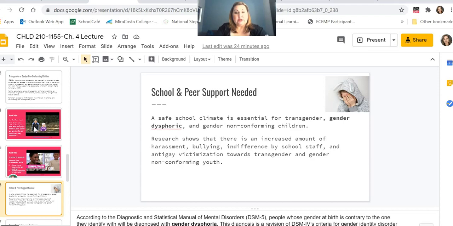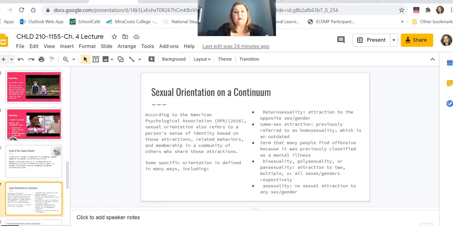Then we'll dive into the role that schools, peers, and educators take in socializing gender and understanding the new terminology and how gender is more than just male, female, right? Our role and the role of society in understanding and being more supportive.